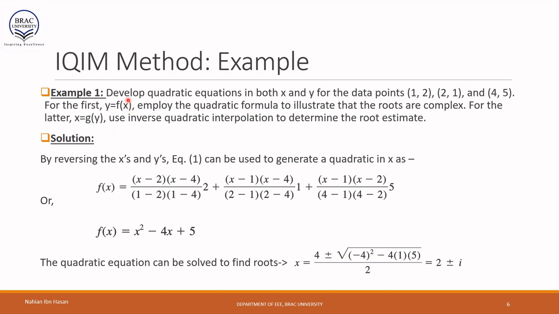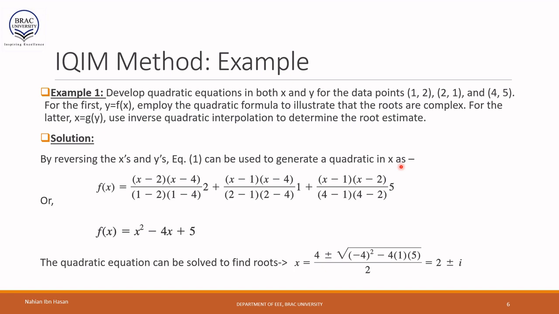So if we look at the solutions, by reversing the x and y's in equation 1, we can use the quadratic term in x. That means the Lagrange equation that we saw in the previous slide was for the inverse quadratic interpolation method. So to find the quadratic interpolation method, the corresponding Lagrange equation will be written like this, where all the y terms from that equation will be replaced by x and all the x terms will be replaced by y.